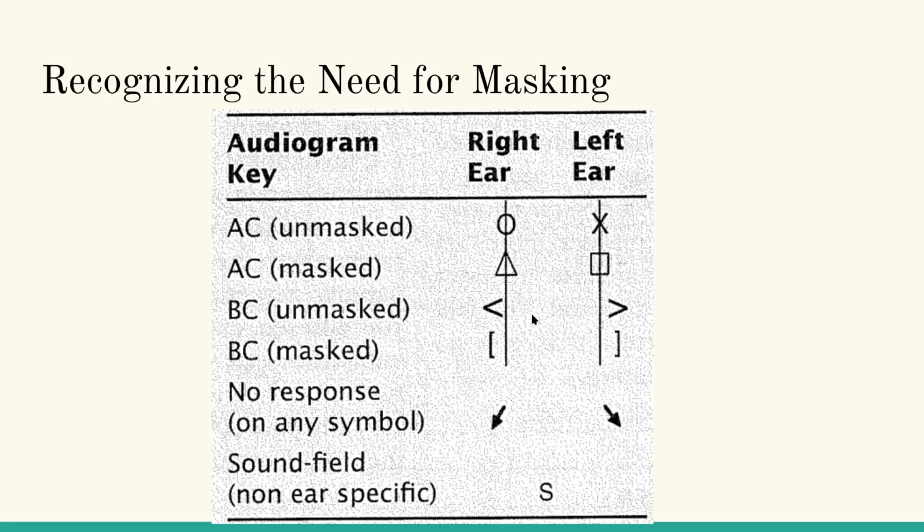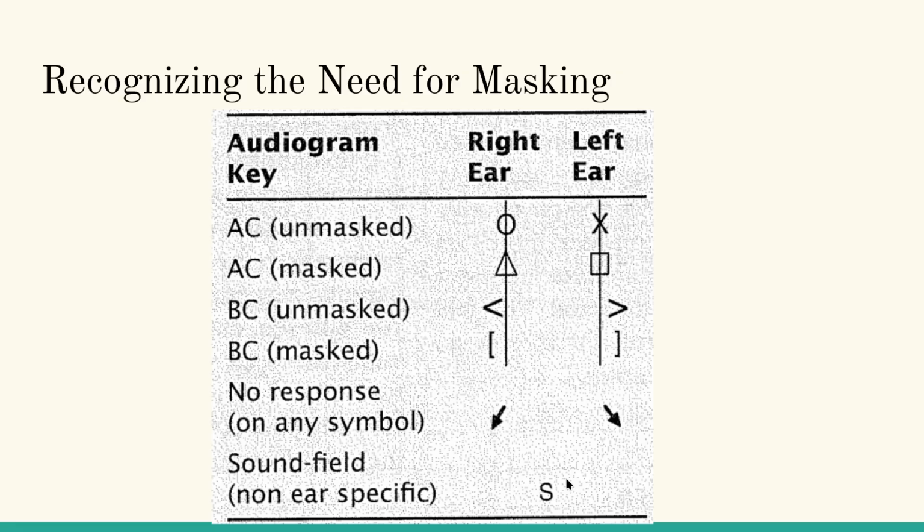Same thing with the bone conduction mask symbols here. For the right ear, say it was no response at the limits of the audiometer, you would have the arrow attached to it going down to the left. And here, the no response symbol for the left ear, the arrow would be attached going down to the right. Then you also have the S, which is the sound field response.